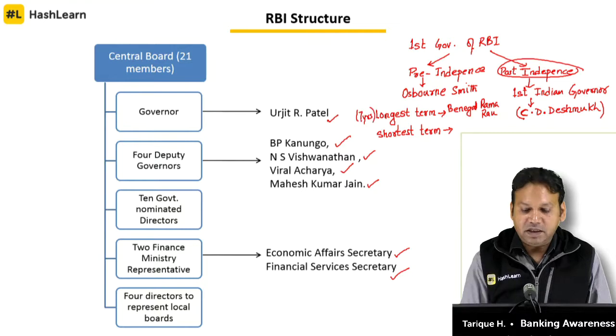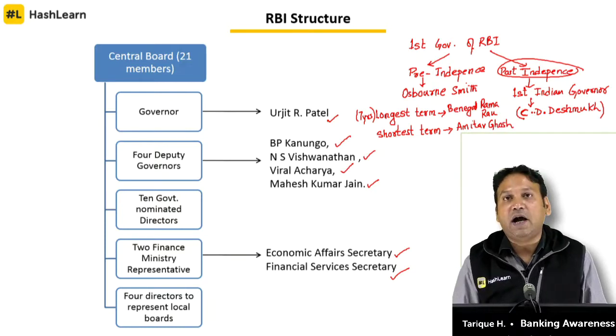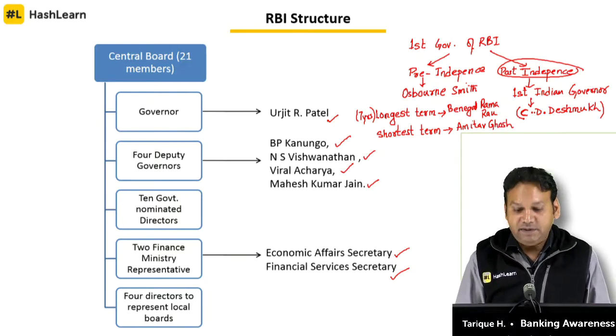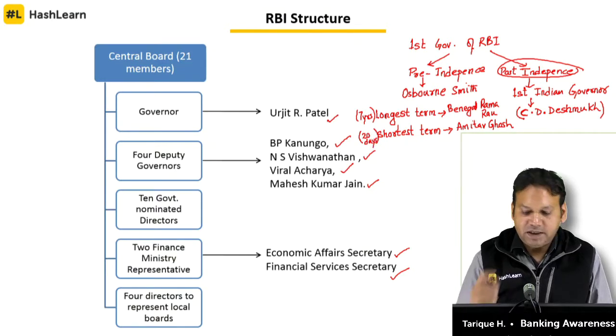He remained governor of RBI for 7 years, and the shortest term is Amitav Ghosh. Amitav Ghosh has the distinction of being the RBI governor who served for the shortest term. And what is the shortest term we should know? 20 days. He was the governor of RBI for only 20 days.